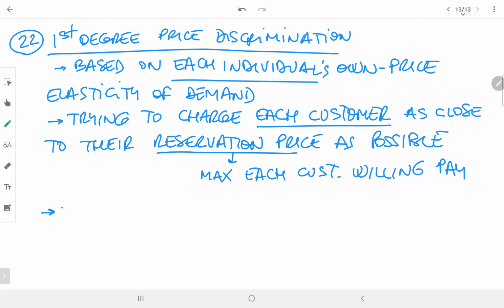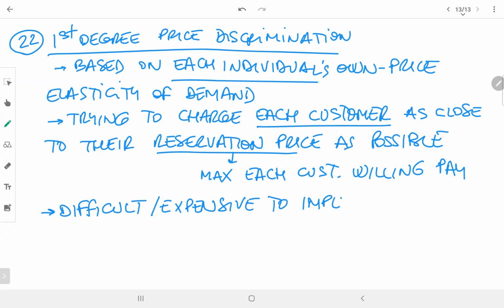This is obviously difficult or expensive to implement, because you need to know very, very well your consumer's individual elasticity.